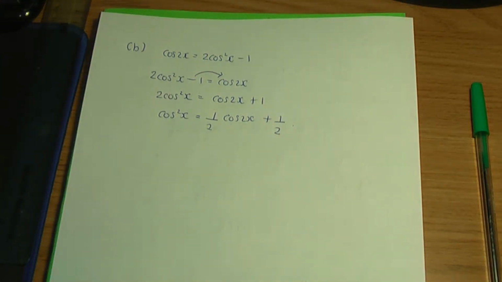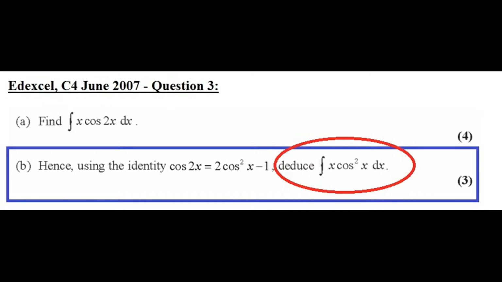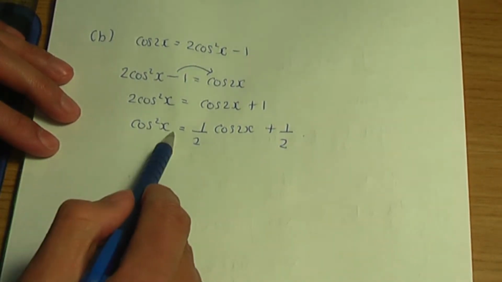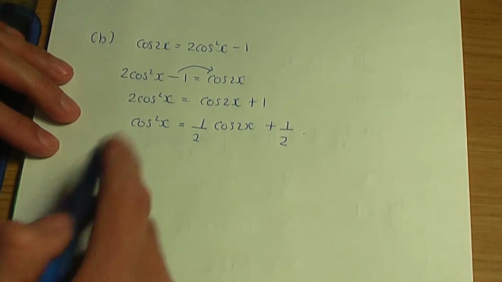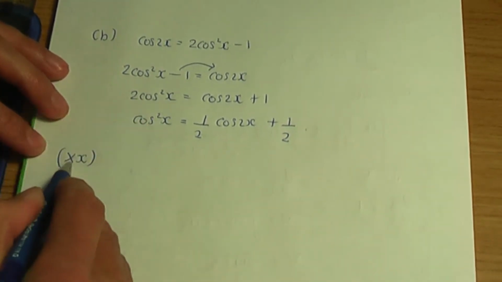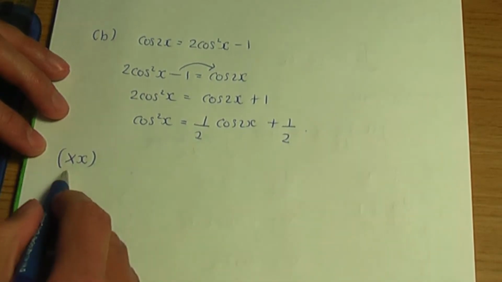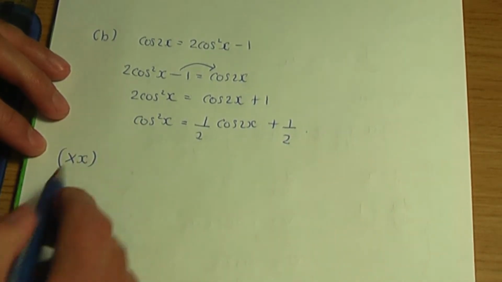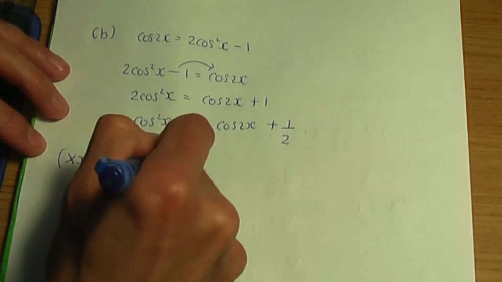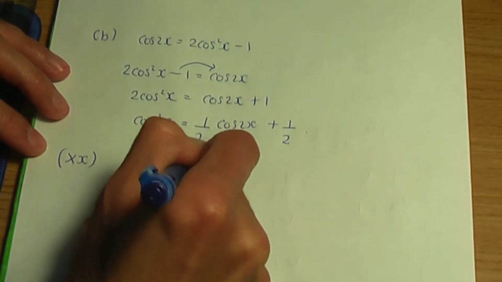Now, if we go back to the screenshot, we need to deduce the integral of x cos squared x with respect to x. So back to the paper and pen, I have an expression for cos squared x, but I need that x in front. If I multiply throughout by x, I get x times cos squared x, which is x cos squared x.